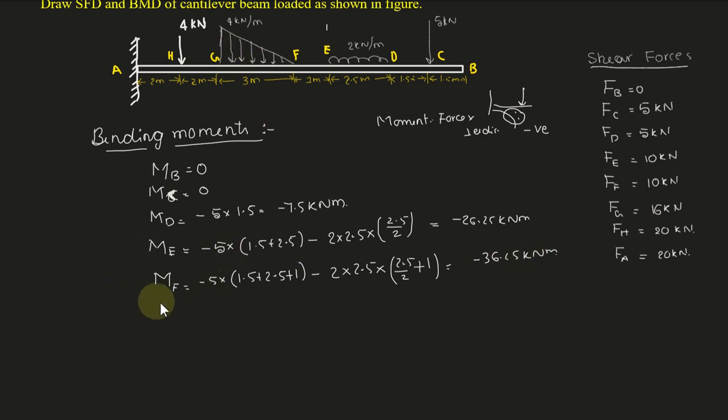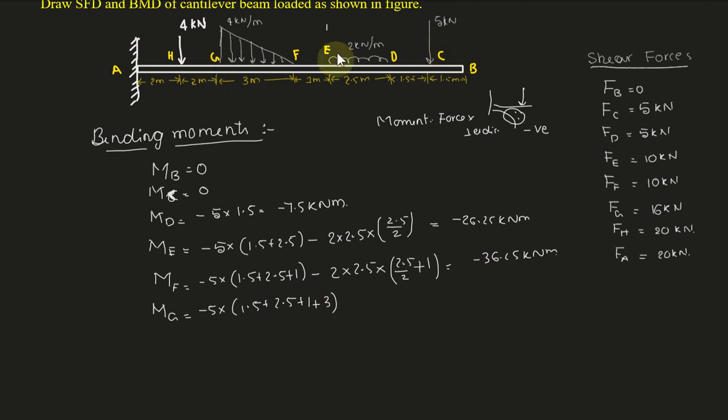Now the bending moment at G. In the same manner, we have 5 kilonewton multiplied by the distance 1.5 plus 2.5 plus 1 plus 3 up to G. So I will write it here, 5 into 1.5 plus 2.5 plus 1 plus 3. That is this load into distance.